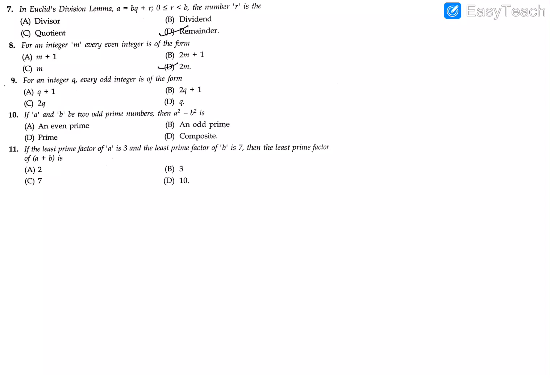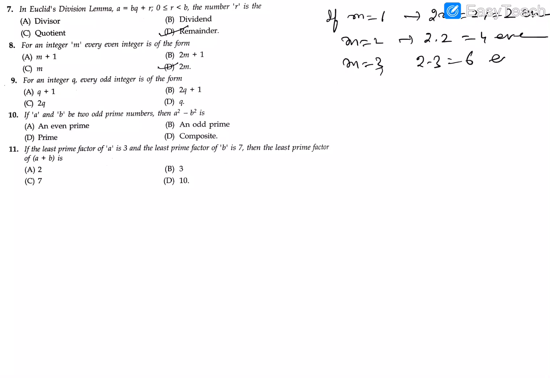For example, if m is equal to 1, then 2m, that is 2 into 1, is 2, this is even. m is equal to 2, 2 into 2 is equal to 4, this is also even. m is equal to 3, 2 into 3, this is 6, this is also even. So 2m will be an even integer for every integer m.